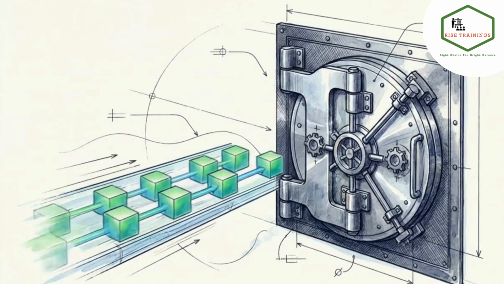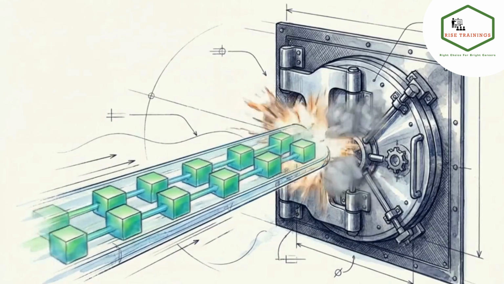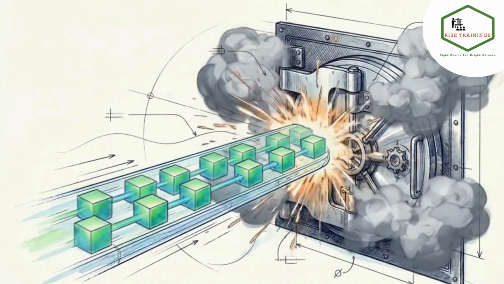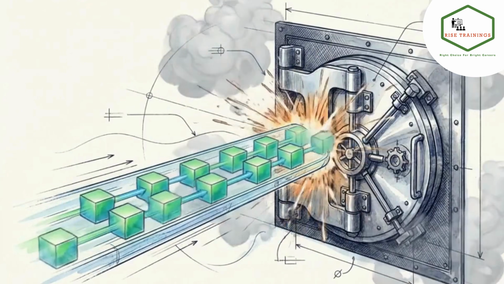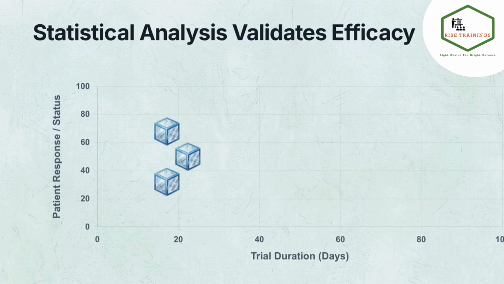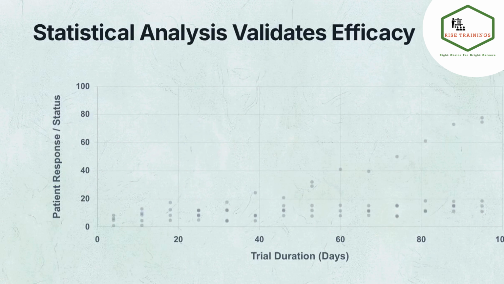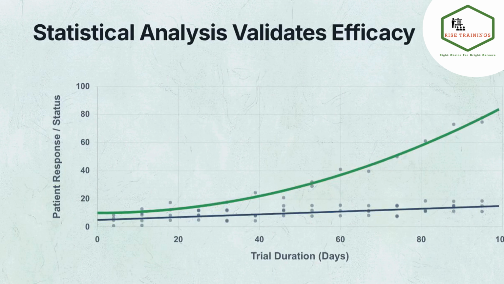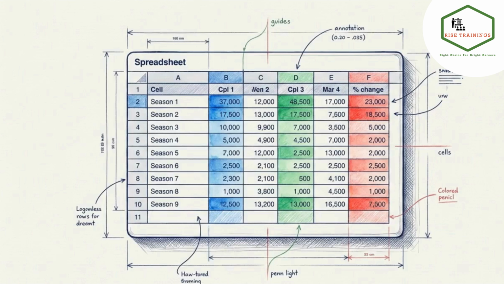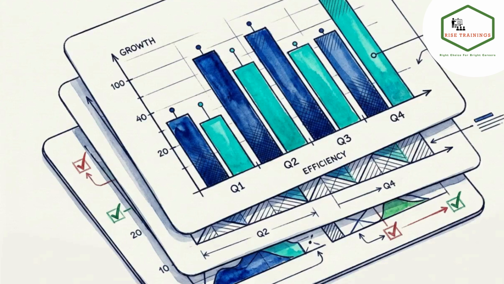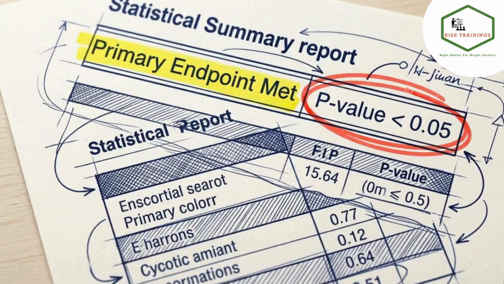The exported datasets now travel to their final destination, where they provide the proof required for regulatory approval. Step 14 is statistical analysis. The biostatistics team applies complex mathematical models to the finalized results to measure efficacy and safety. They generate tables, listings, and figures, or TLFs, which provide the numerical evidence that the trial met its clinical endpoints.